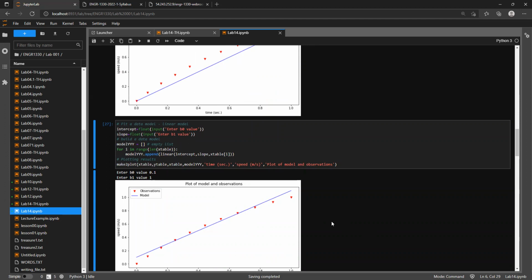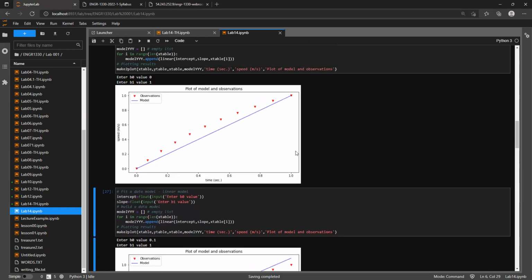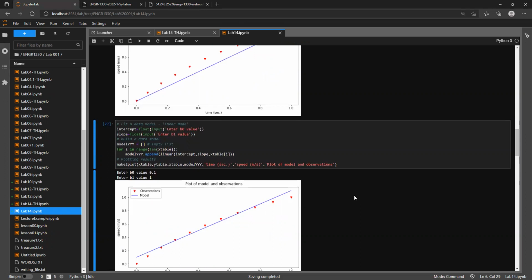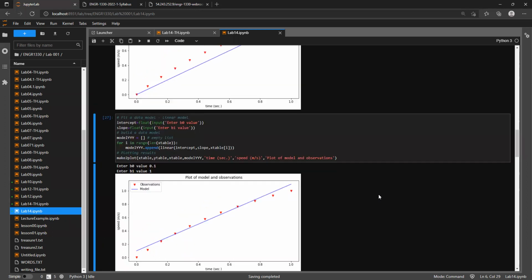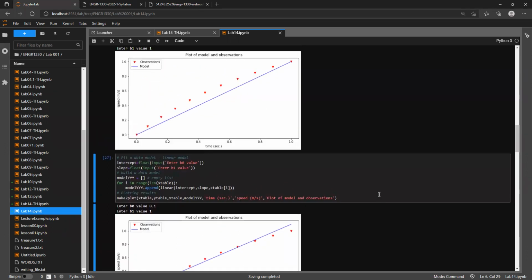So here's the point where I'll ask, what do we mean by closer? How do we measure and say that one line is closer to what we want than another? Other than saying I'm just looking at it and it looks closer. How can I relate the blue line to the red points? Well, think about it this way. When I actually hit a point, what is the difference between the red point and the blue line?